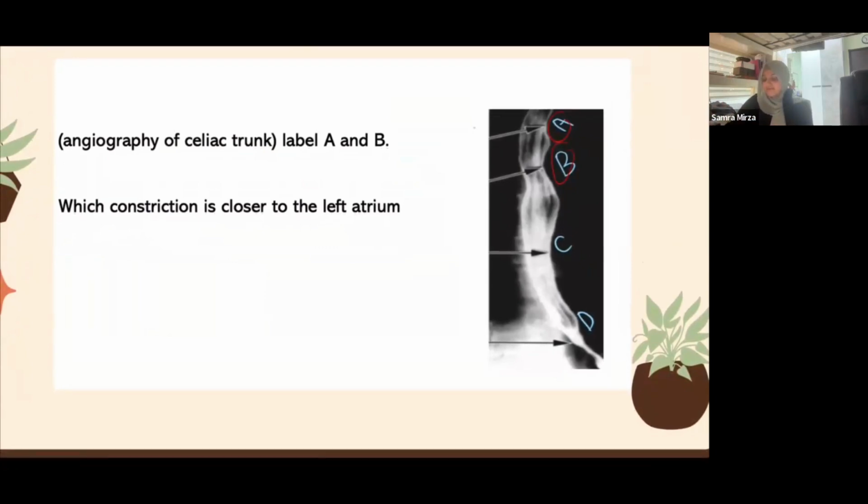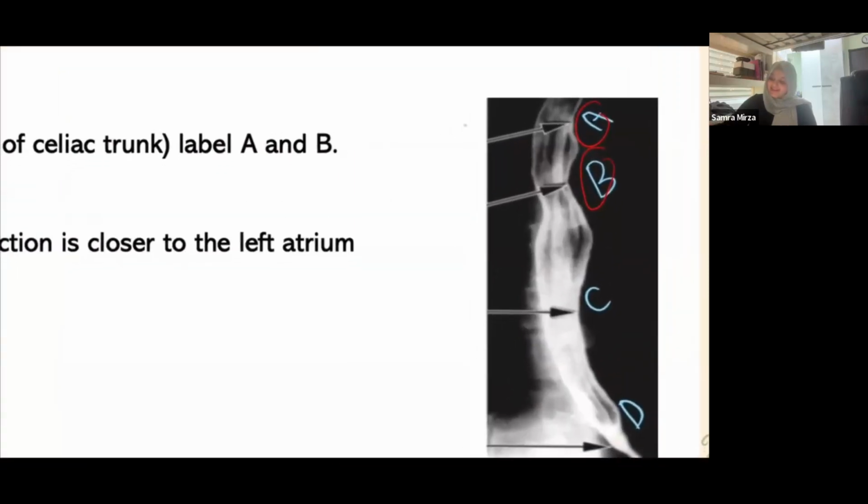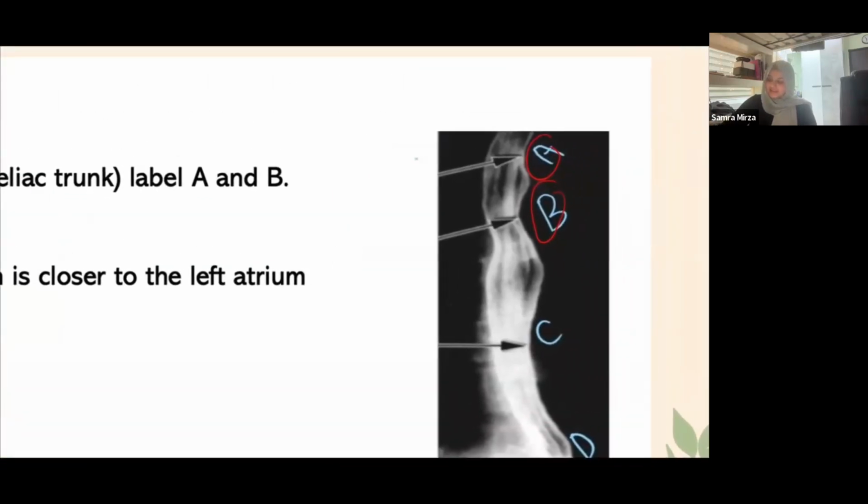So this is a question from unnamed sources. We will tell you later what the unnamed sources are, but they're very important sources. And their answers for these, essentially they're saying that this is where the celiac trunk is starting off from.